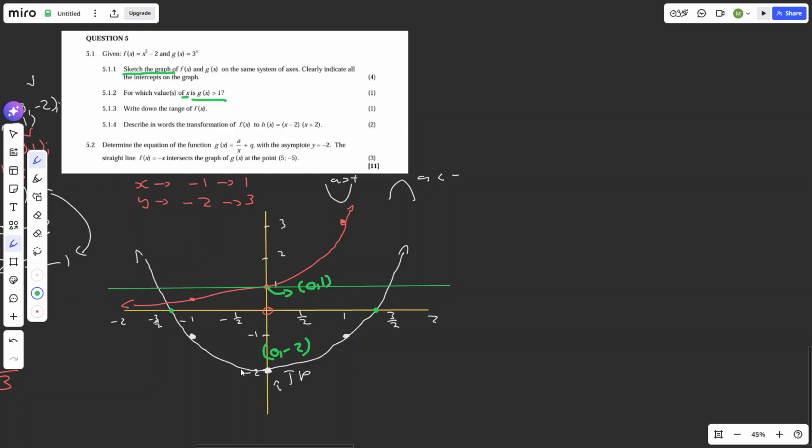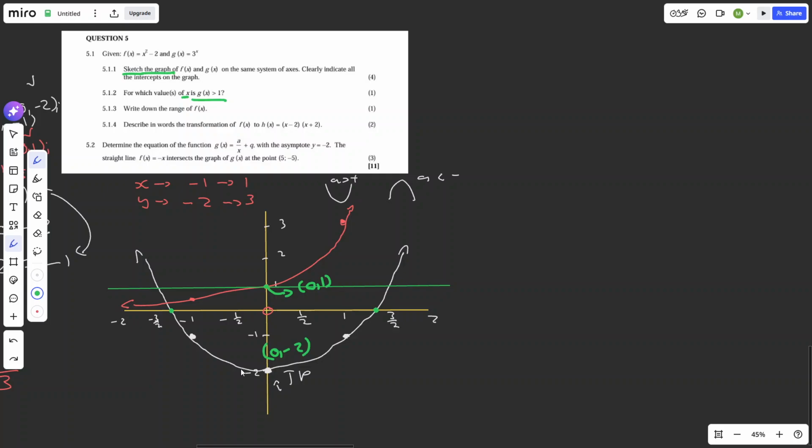Okay, so if we check here, right, where is our function greater than 1? It's going to be at this point here where it's touching this boundary here. You see this horizontal line we drew at that point here. But we haven't included an equal to sign there, right? So it has to be strictly greater.